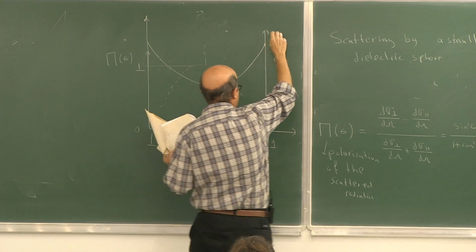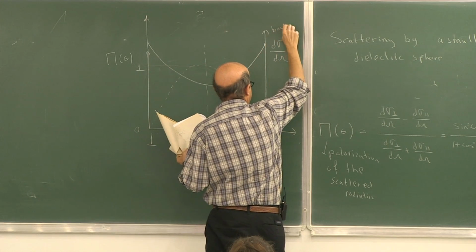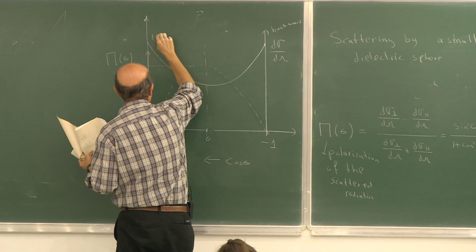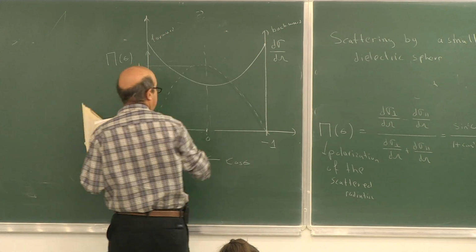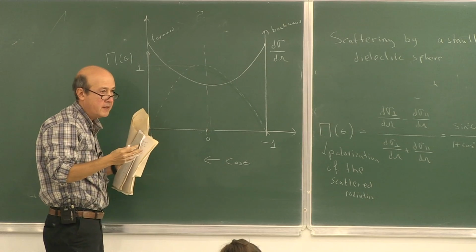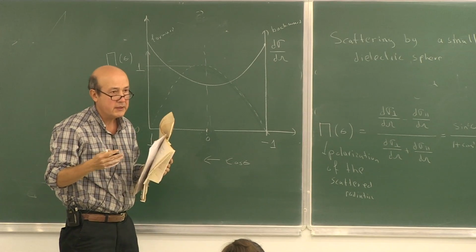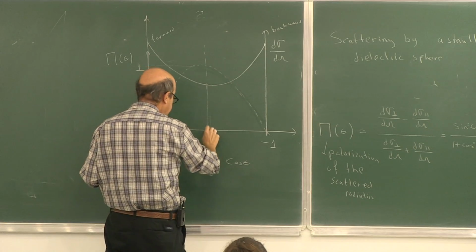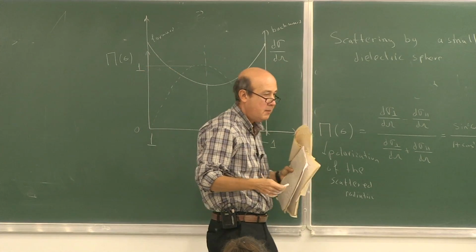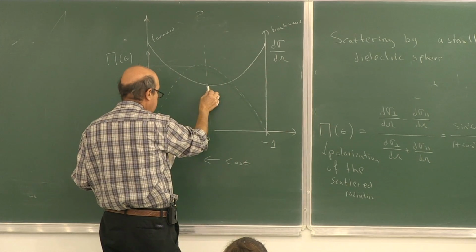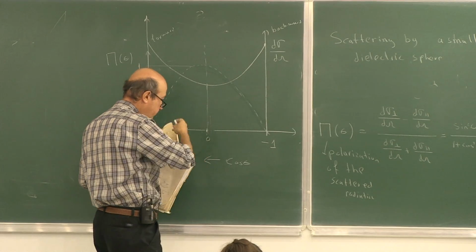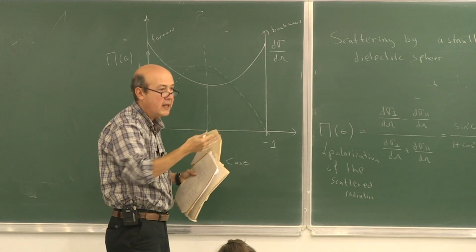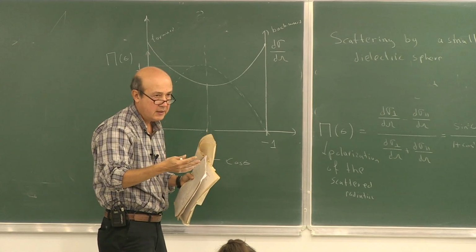So this is for backward and this is for forward. For forward and backward scattering, the intensities will be the same amount. That will be minimum at 90 degrees, but above or below the 90 degrees, the function is symmetric.